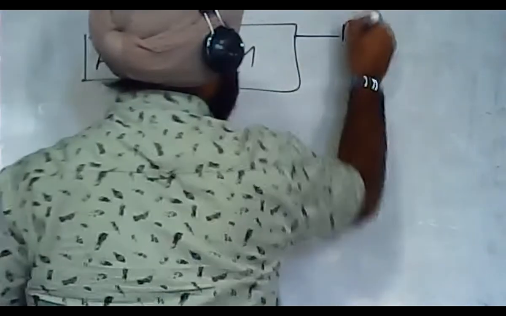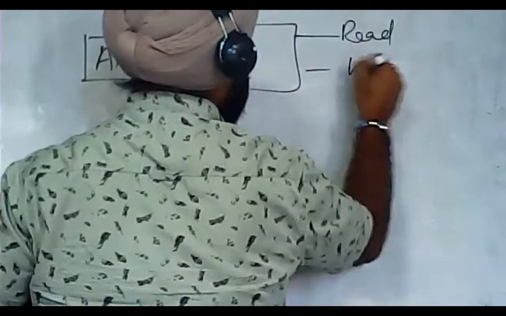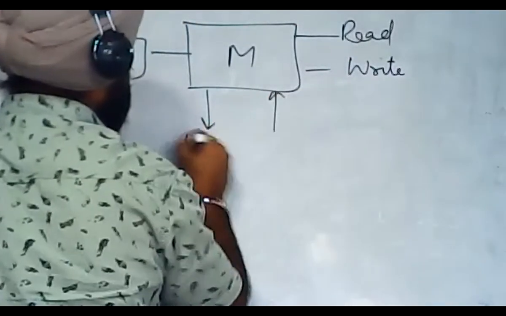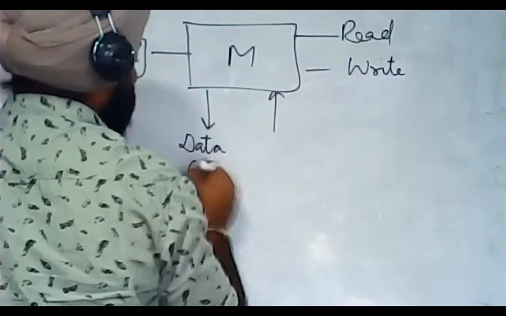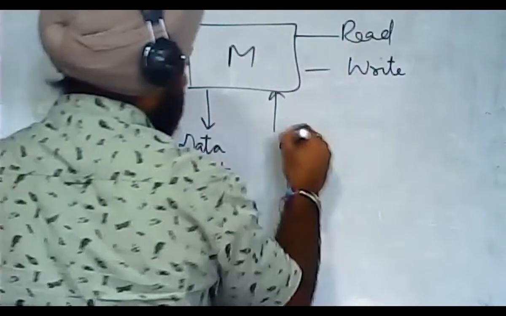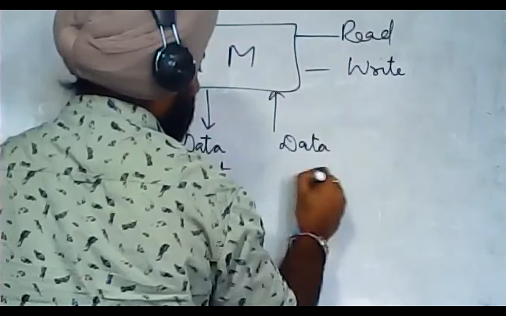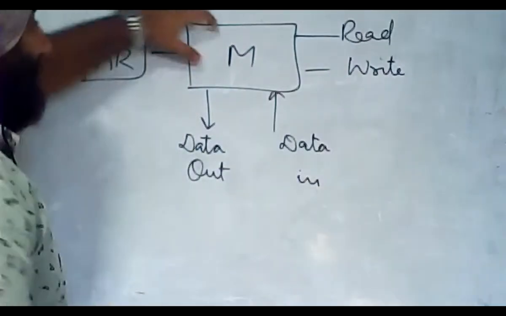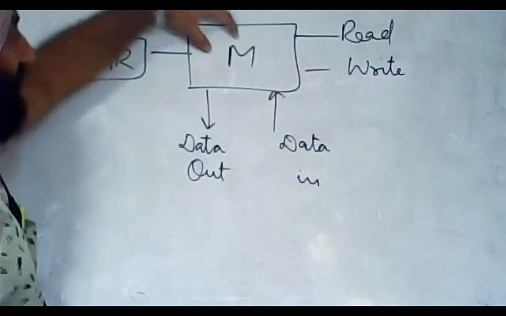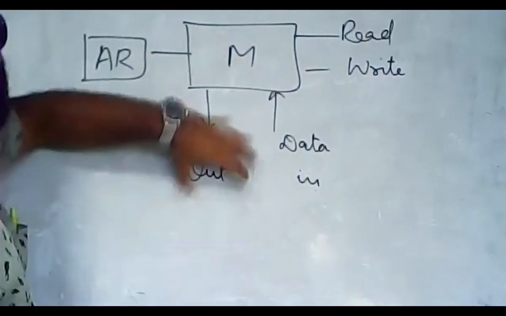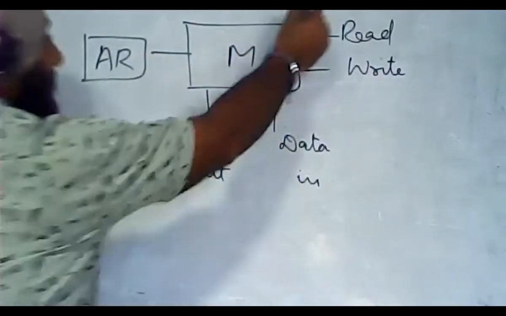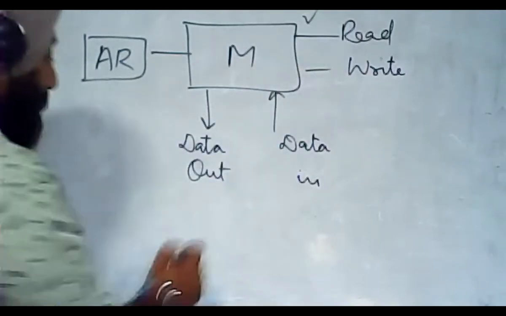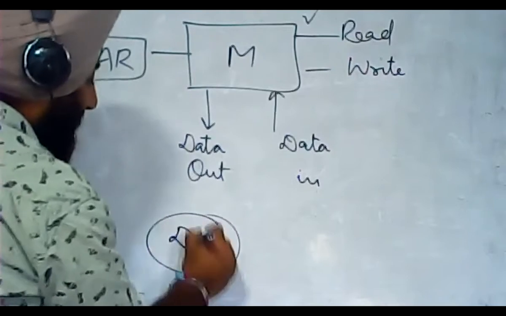So this is your read, write, data out, data in. When you are sending data from the memory to the outside environment, the read operation will be executed. Suppose this is your data register.